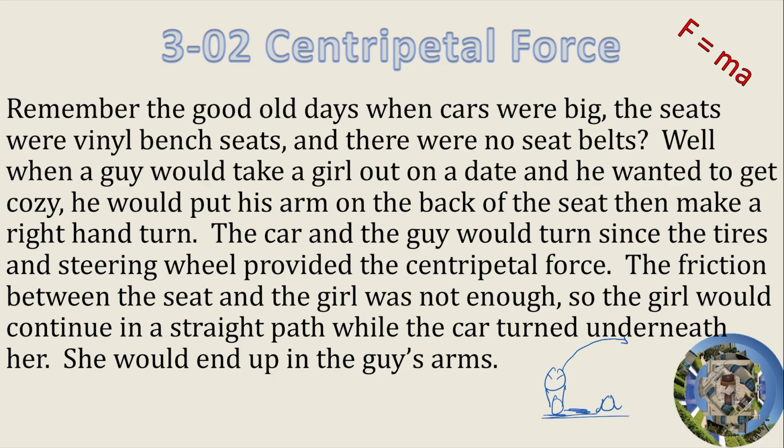But it's a vinyl bench seat, it's slippery. And so the friction between the seat and the girl was not enough. So the girl would continue on a straight path. Oh, and look at that. They meet right there. The girl would continue a straight path while the car turned underneath of her, and she'd end up in the guy's arm.